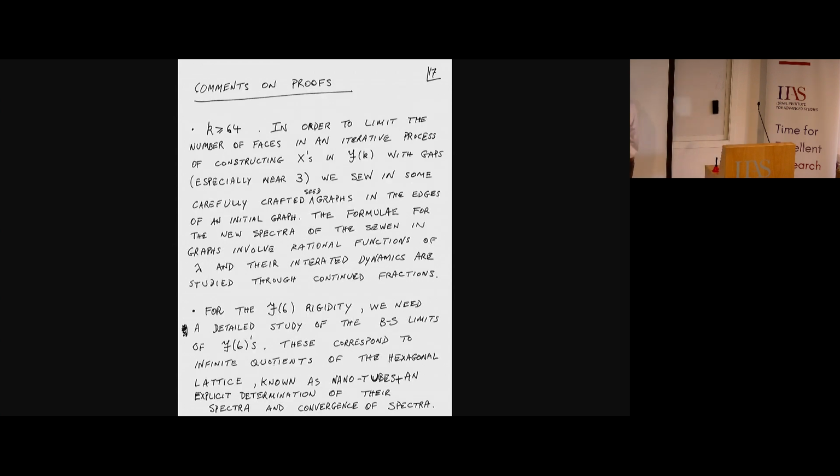We're still writing up the complete proof. There's a very tricky part, which is sewing in these pentagons very carefully, which is non-trivial. We use some theorems of chemists about fullerenes to do that, and some numerics that they do to prove something. Anyway, the rigidity comes in.